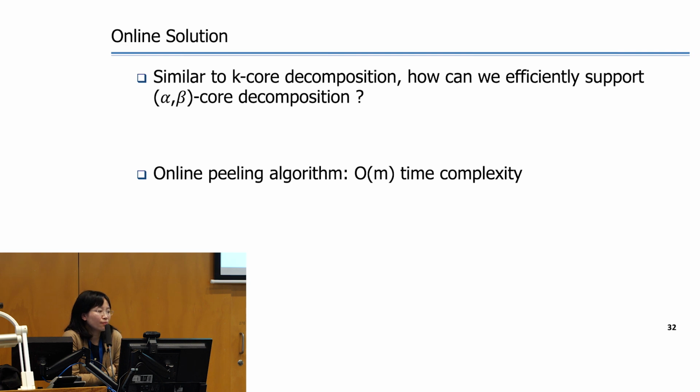For the online computation problem, we impose different values of alpha and beta over the upper and lower layers, but we can still conduct peeling of the bipartite graph, just the same as computing the K-core. Its time complexity is still linear in the number of edges, because each edge is touched at most once.